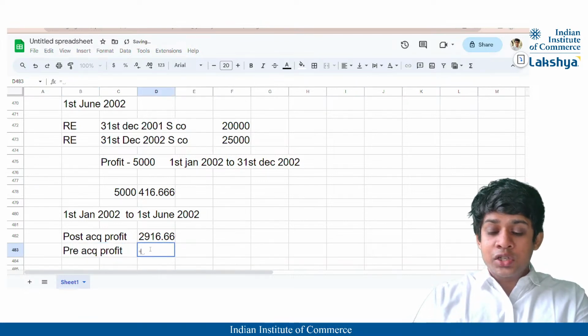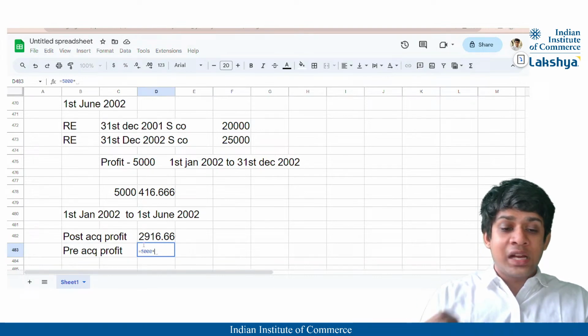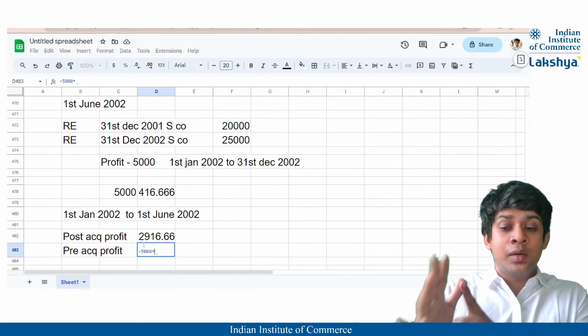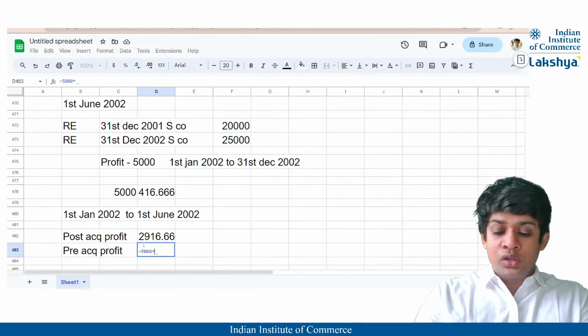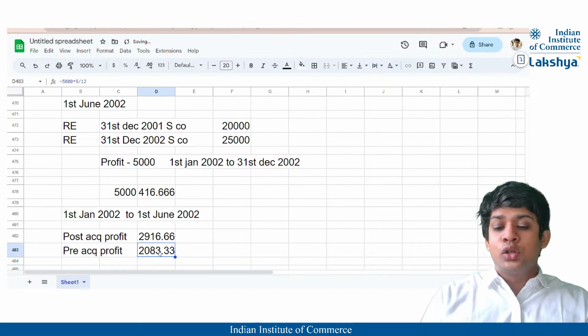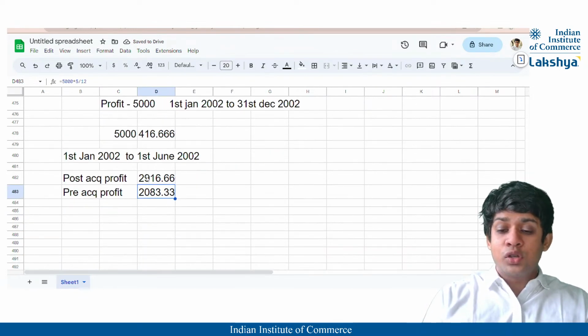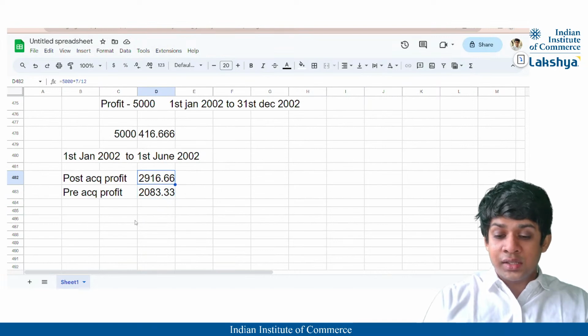That means the pre-acquisition profit is nothing but 5,000 into the period from 1st Jan to June, so January, February, March, April and May. June month will not be considered because it was acquired on 1st June. So into 5 divided by 12. So 2083 is going to be the pre-acquisition profit and post-acquisition is going to be 2916, right?